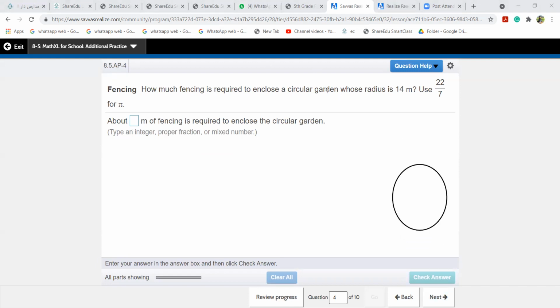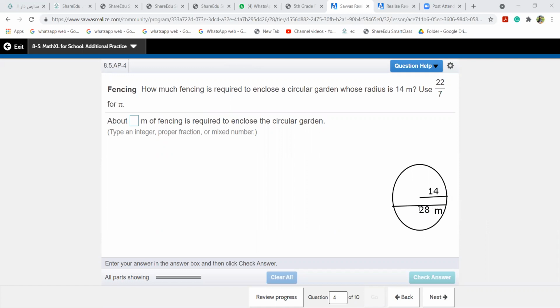Zishan, if radius is 14, how much is the diameter? 14 is the radius. So how much is the whole thing? 28. Excellent, you just double it. 28 meters.